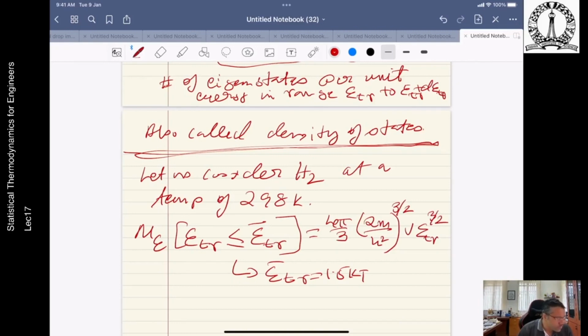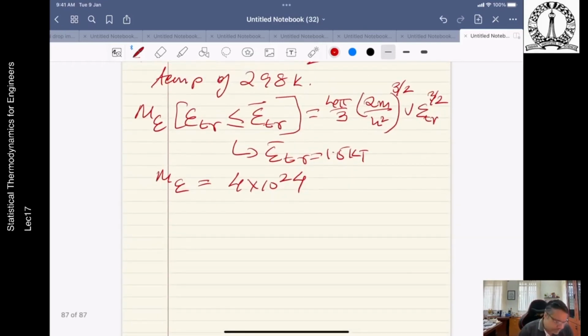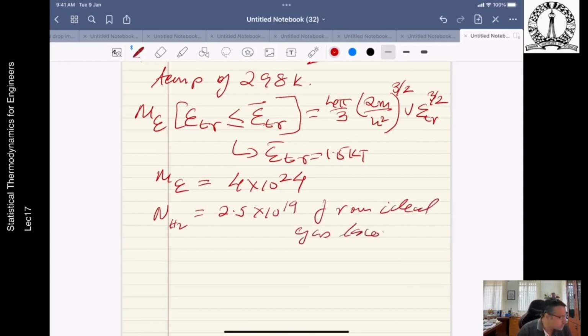So this will give you the value of the number of states equal to 4 into 10 to the power of 24. But the number of hydrogen molecules is equal to 2.5 into 10 to the power of 19. That was from the ideal gas law.